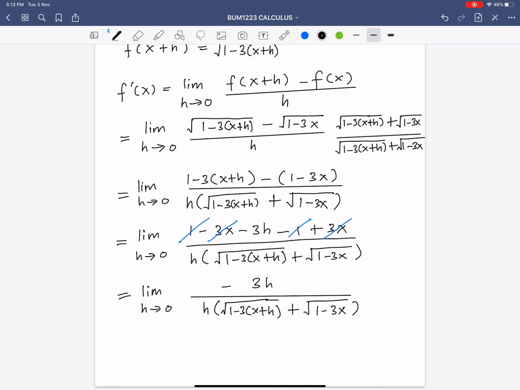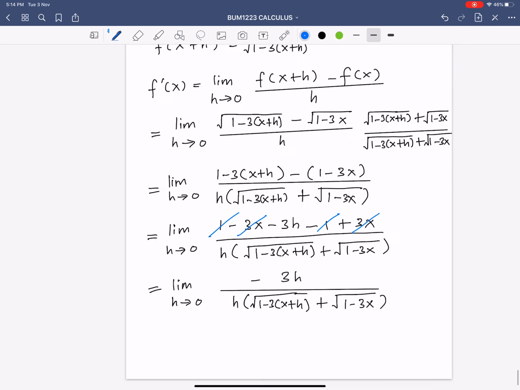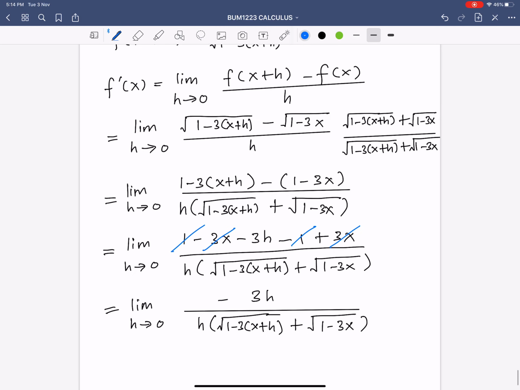Since we have h in the numerator and also h in the denominator, we can cancel out the h variable.